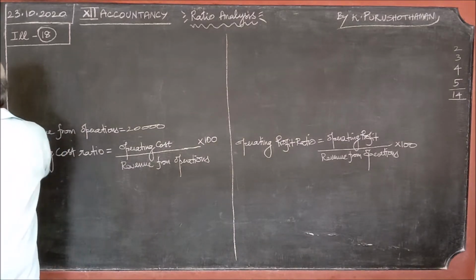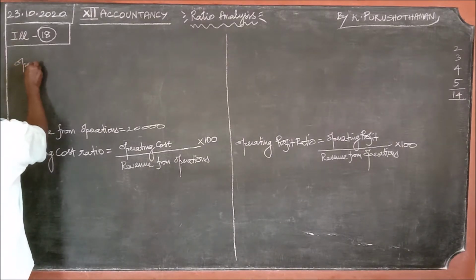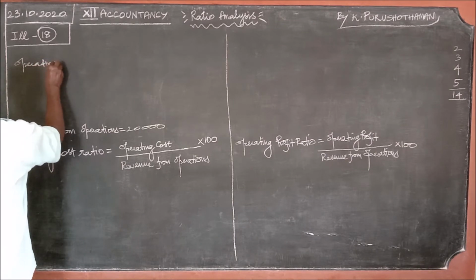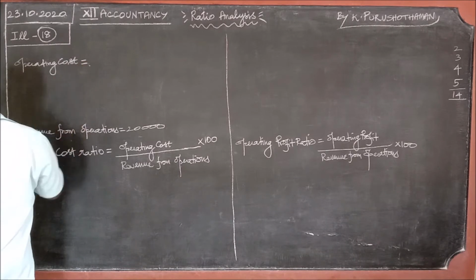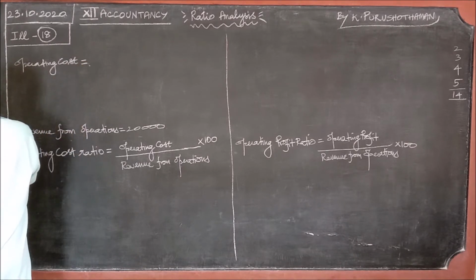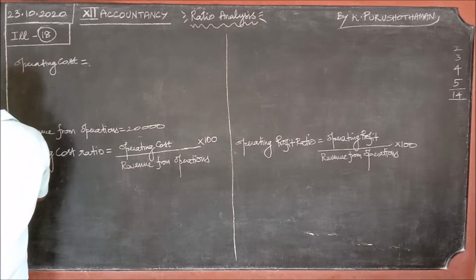So, what is operating cost now? We shall find the numerator. Operating cost is equal to cost of revenue from operations. Is it given there? Cost of revenue from operations, already we have found out in gross profit ratio.